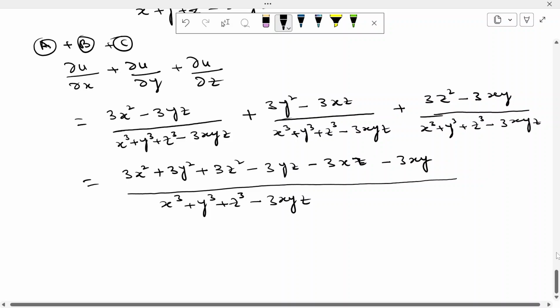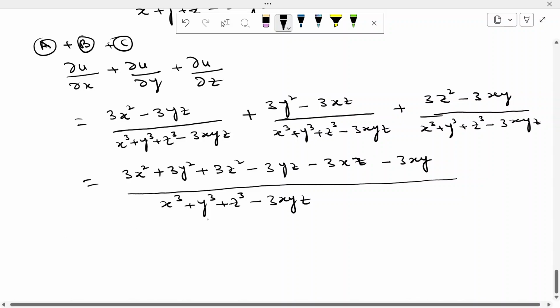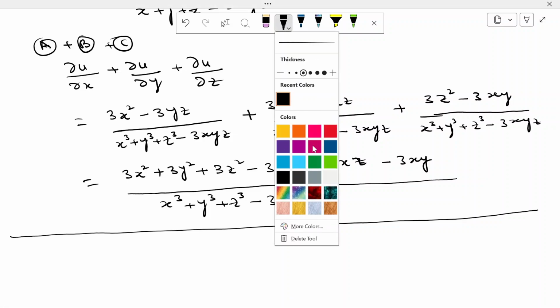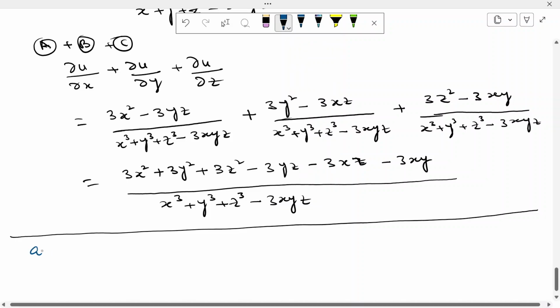So now here what we will do, we apply the formula of a cube plus b cube plus c cube minus 3abc.